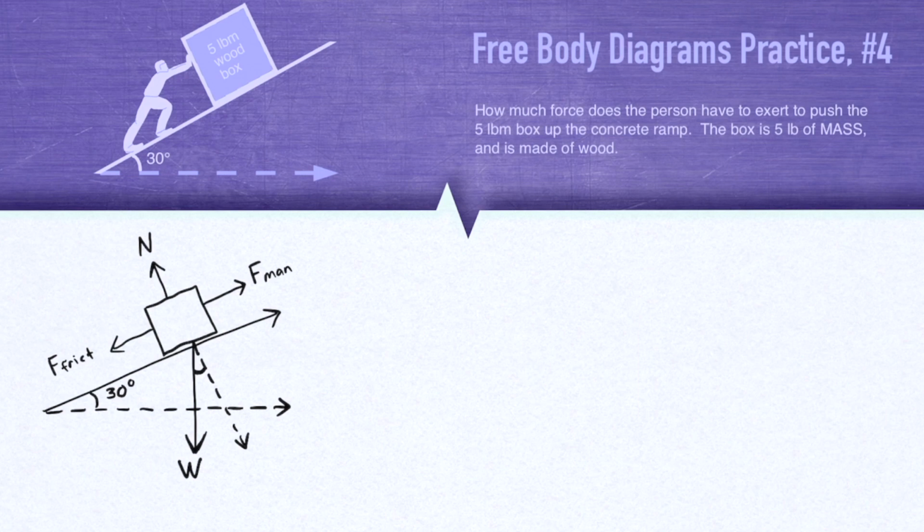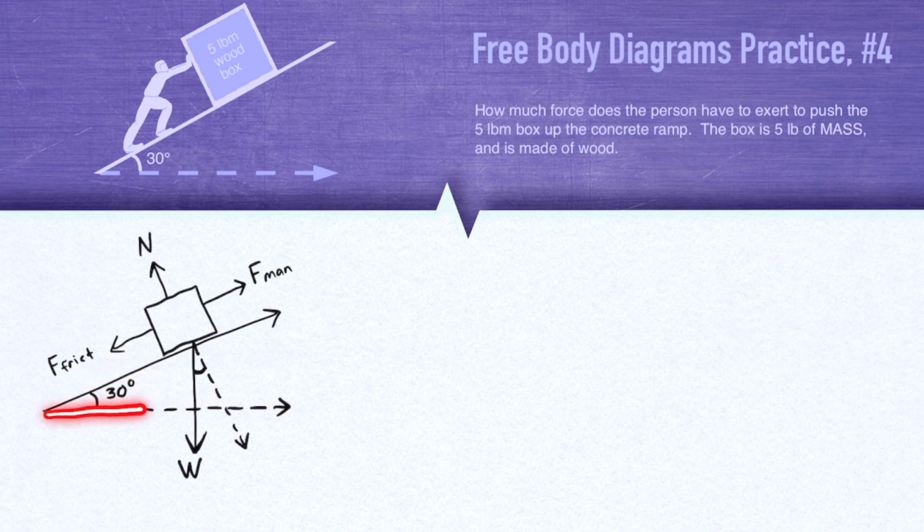So what I want to point out here is that this surface is 30 degrees shy of being on a flat surface. So if this is 30 degrees shy of being flat, this is 30 degrees shy of being perpendicular to flat.